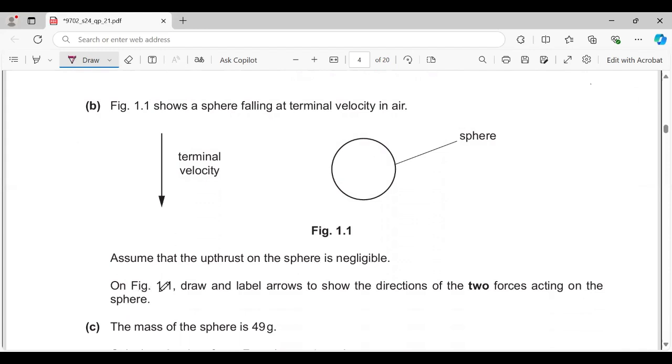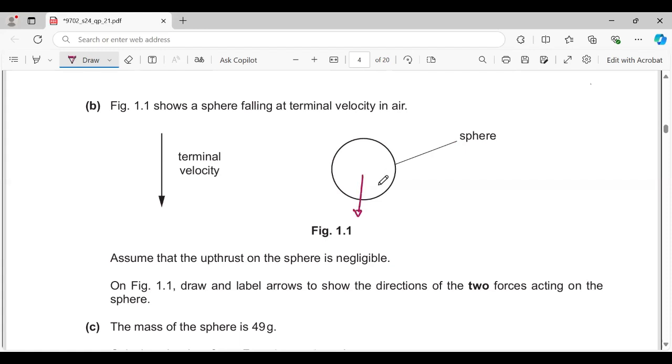On figure 1.1, draw and label arrows to show the directions of the two forces acting on the sphere.